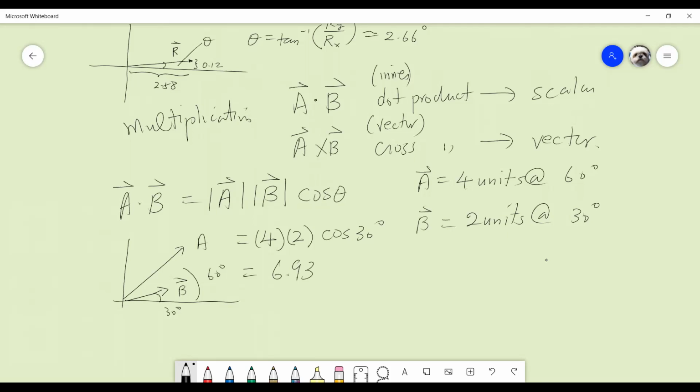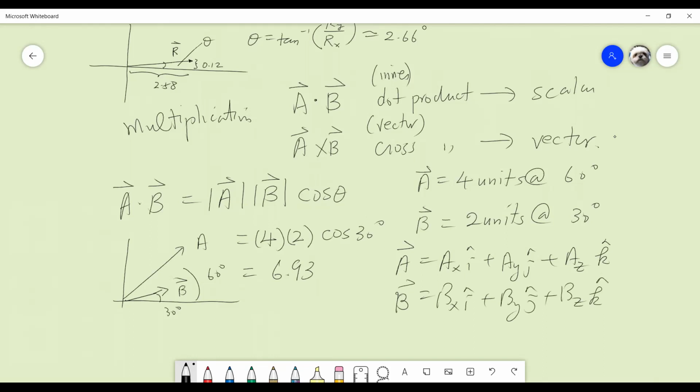Now, let's say that I give you A in terms of AX, AY, and AZ, in terms of ijk notation. And B will be Bx, By, and Bz, right? Now in this case, what is A dot B?